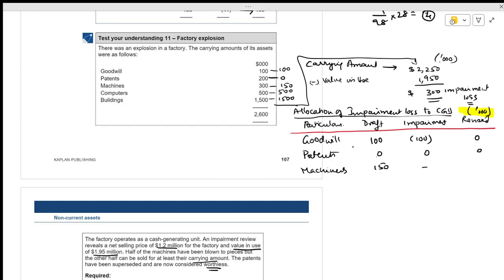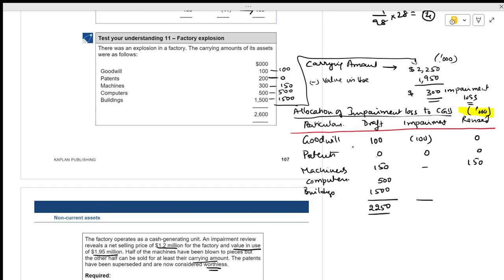Computers are 500 and buildings are 1500. The total comes to 2250.